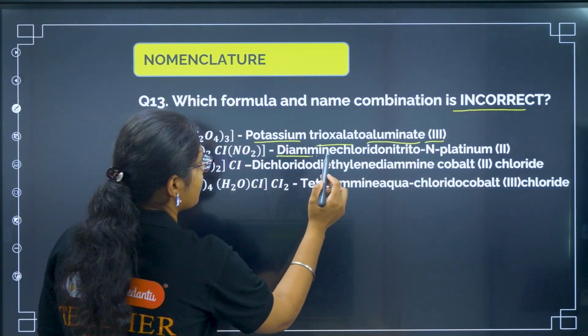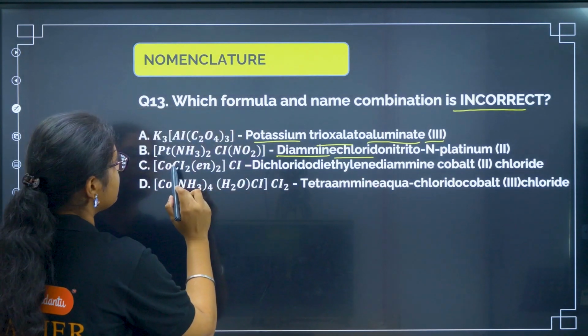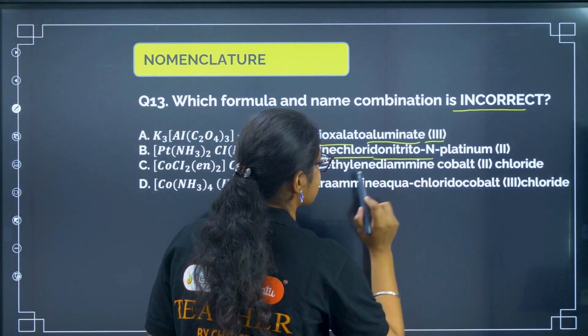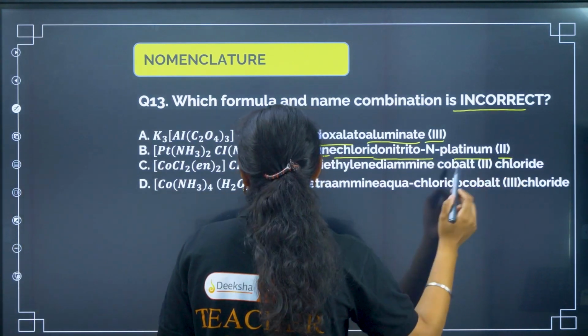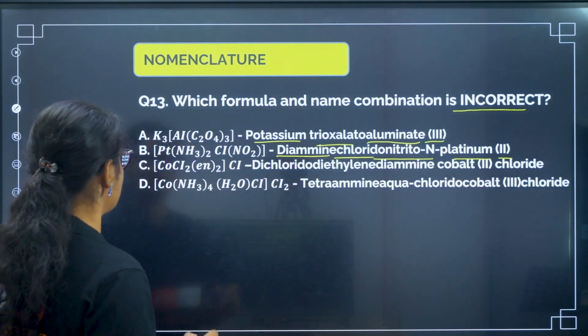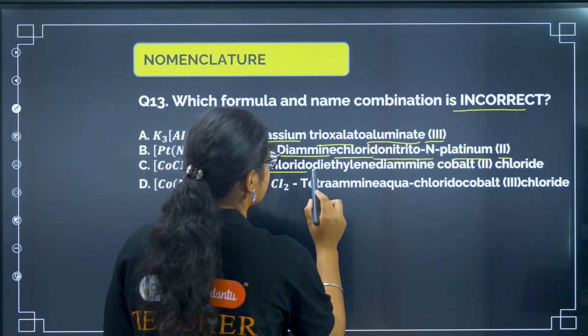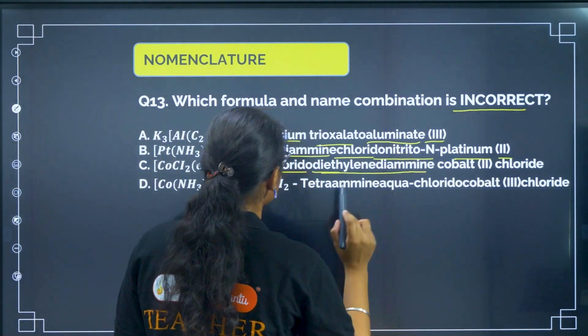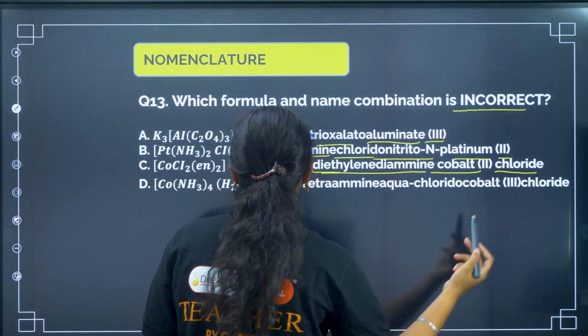You can see diamine, then we have chlorido, that is correct. Nitrito, yeah, nitrito N is also there, and then platinum is there, and platinum 2, right? This is also correct. Next, if you check here, we have dichlorido, correct. Diethylene diamine, okay. Then we have cobalt 3 chloride, okay.